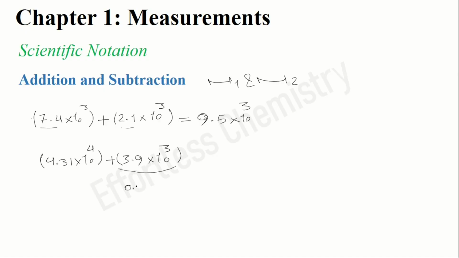It would be 0.39 multiplied by 10 to the 4. One positive was added to this exponent, and now the exponents are both equal. So the final answer in this case would be 4.70 multiplied by 10 to the 4.